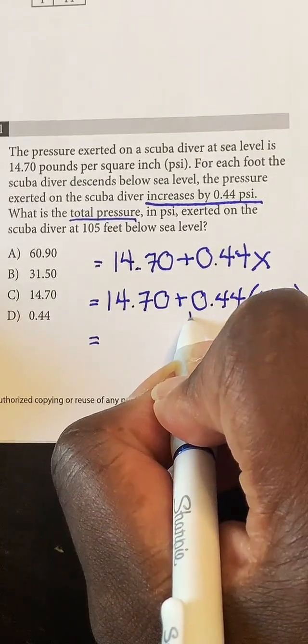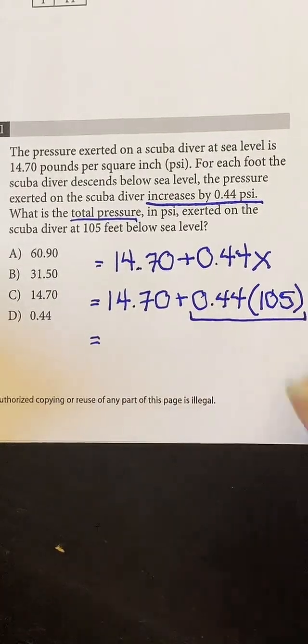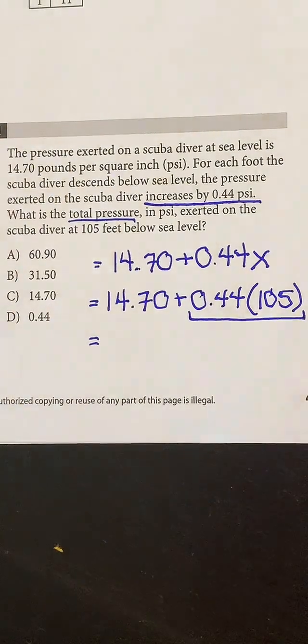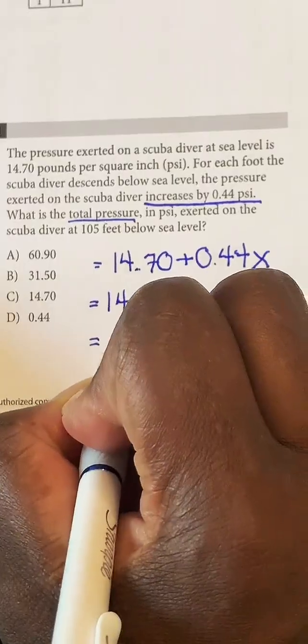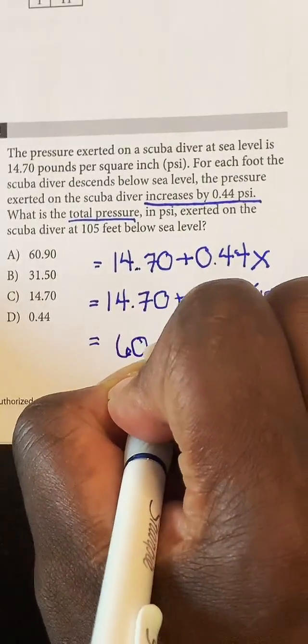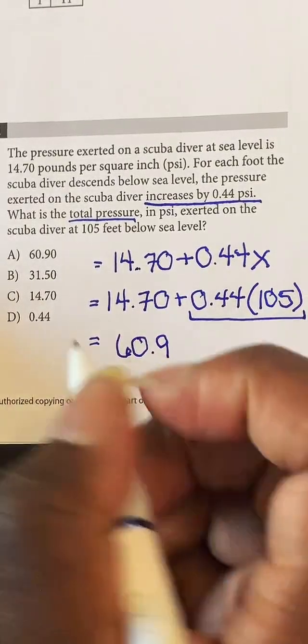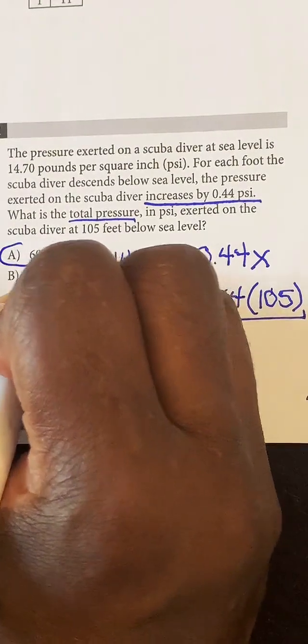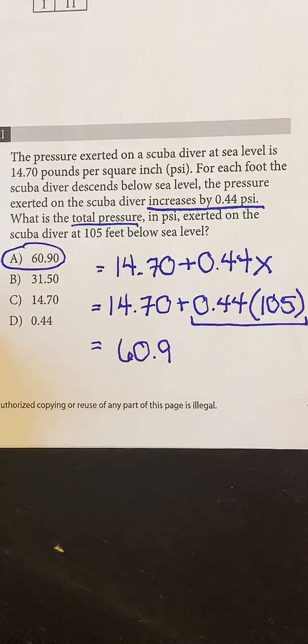So when you multiply these two, and then you add the 14.70, we get our 60.9, which could be 60.90. That's how they got their A.